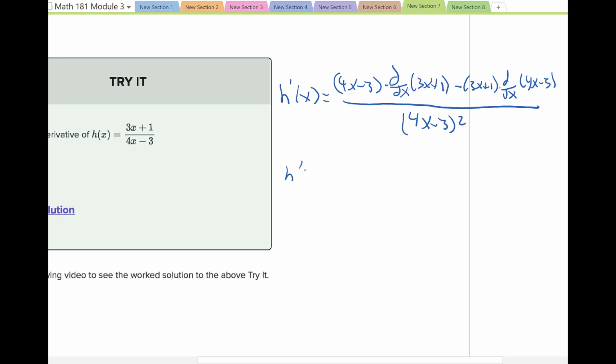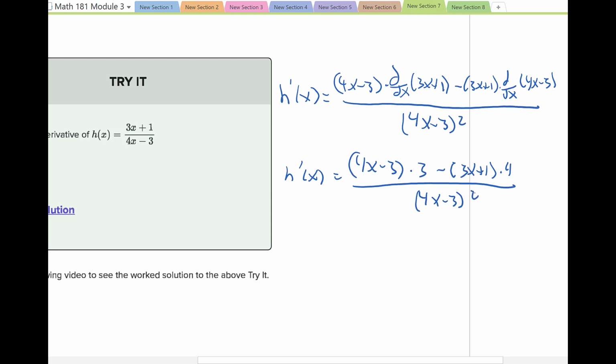So our derivative, h of x prime, is going to be 4x minus 3 times 3, minus 3x plus 1 times 4, all over 4x minus 3 squared.